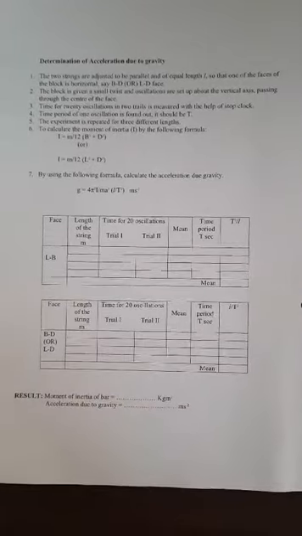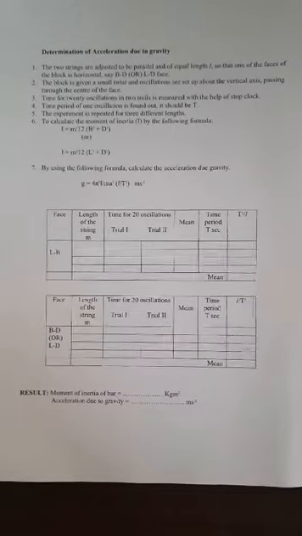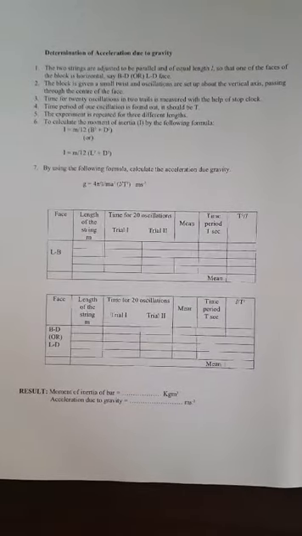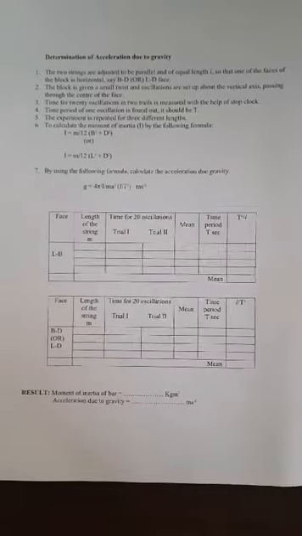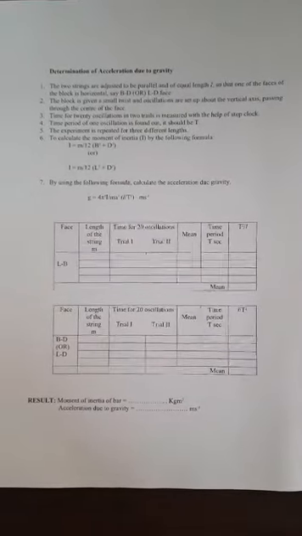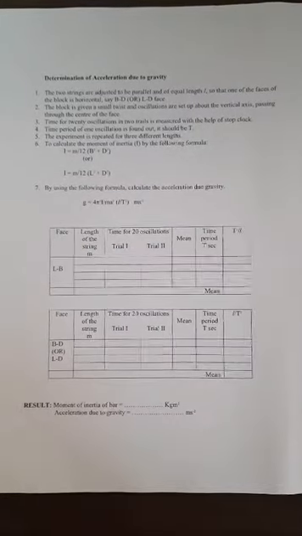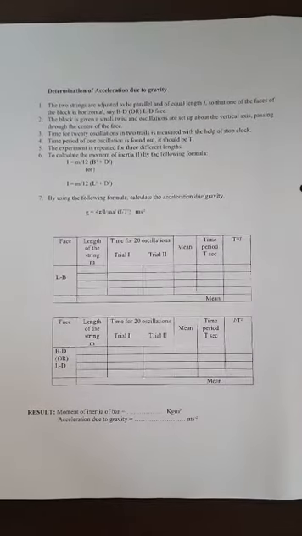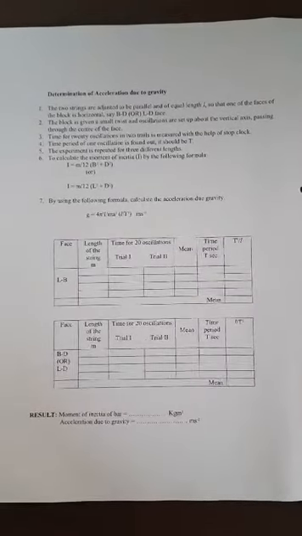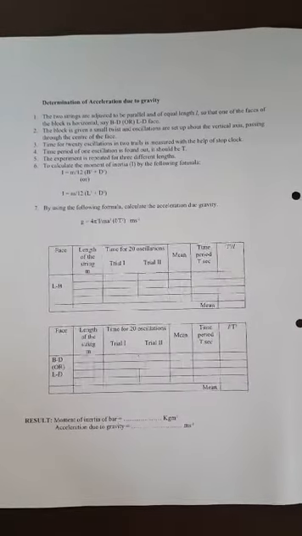So in this we will determine the moment of inertia and the oscillation due to gravity. Basically for that we require to observe the length of the rectangular slab, and then we will note down the time period for a particular distance or the length of the string.